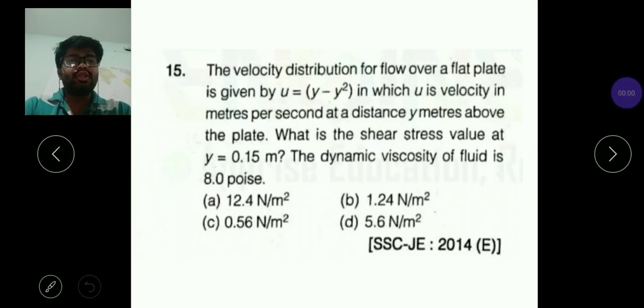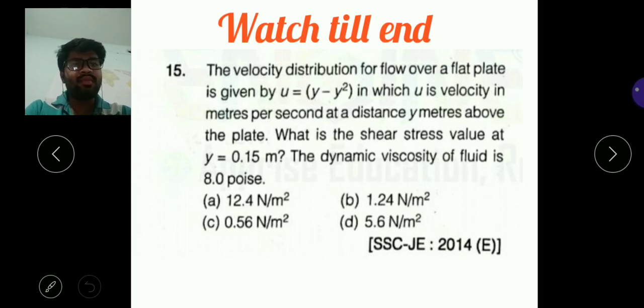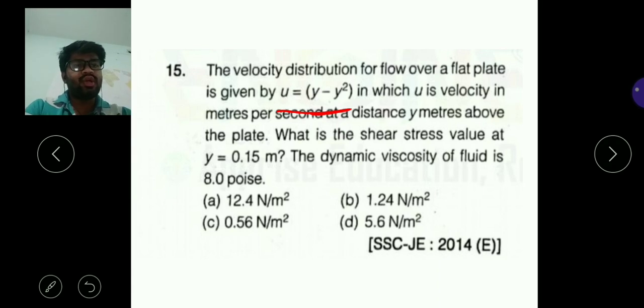So the next question is the 15th number question. The velocity distribution for flow over a flat plate is given by u equal to y minus y square, where u is in meter per second at a distance y meter above the plate.